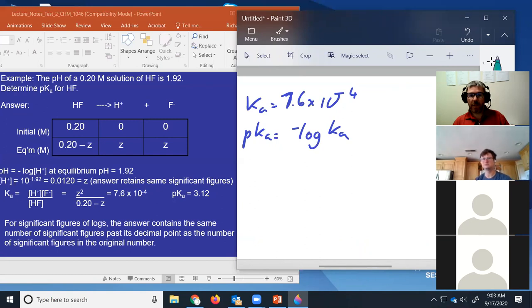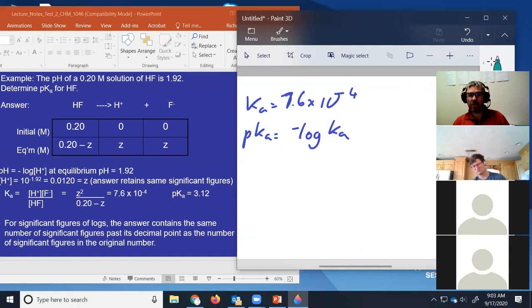All right, does anybody have any problems with getting the pKa value? Yeah, I am. Okay, so I'm implementing the negative log, and then I'm putting Ka into it. I'm getting what? So you should take the log first and then take the negative of that value.